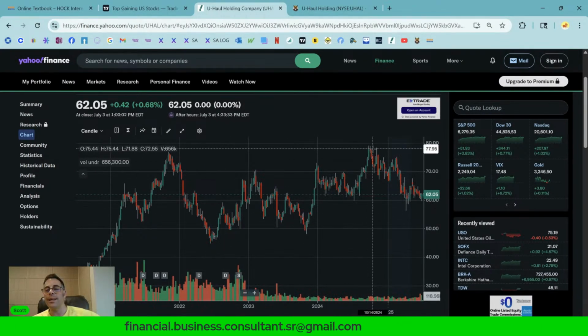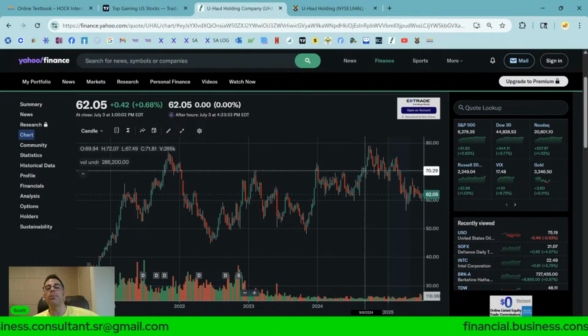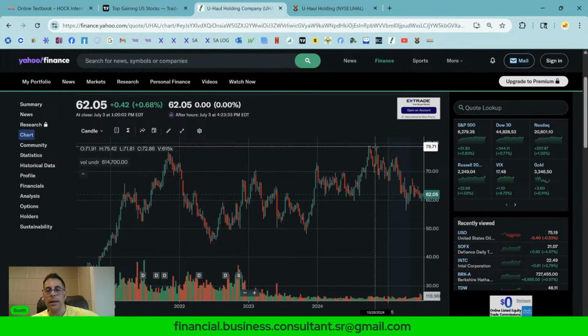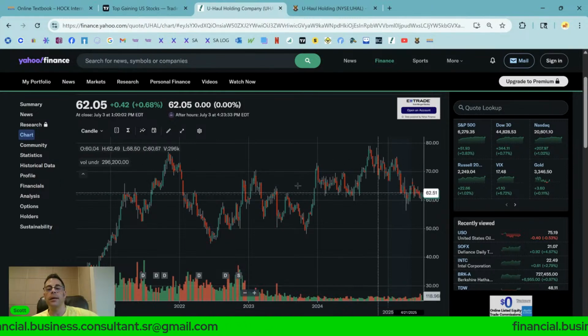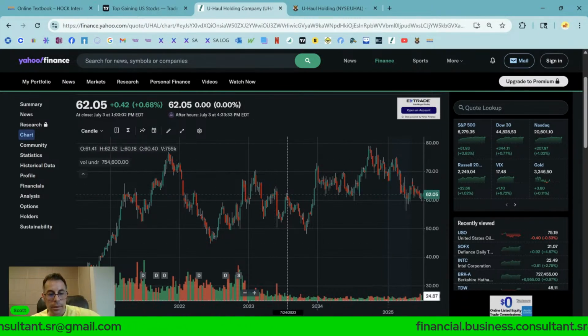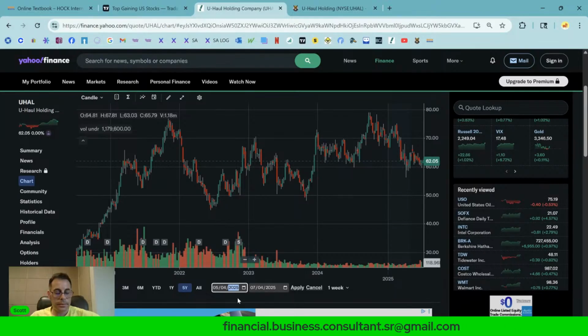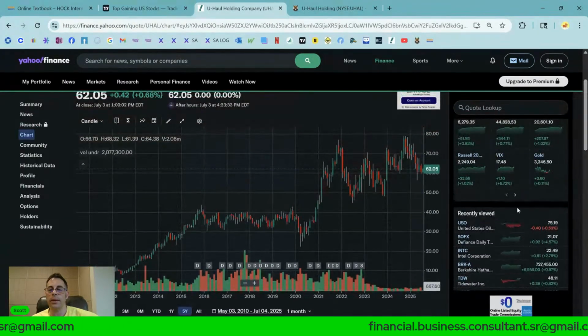And it broke through slightly, almost hit the 80 here. But unless it breaks through and stays there for at least a month, it's not gonna get to a new level. It usually has to trade. Let's go further back, and you could see this is what good companies do.